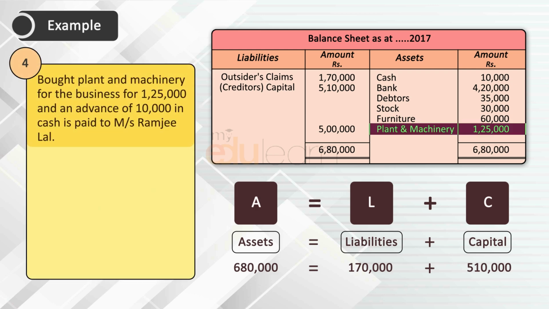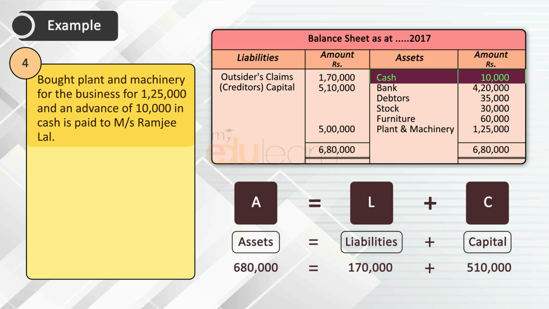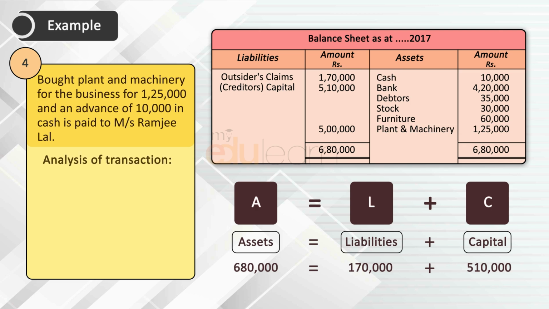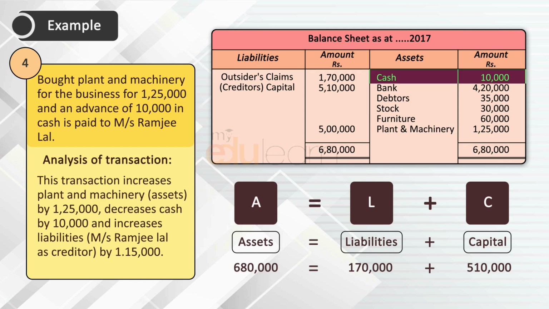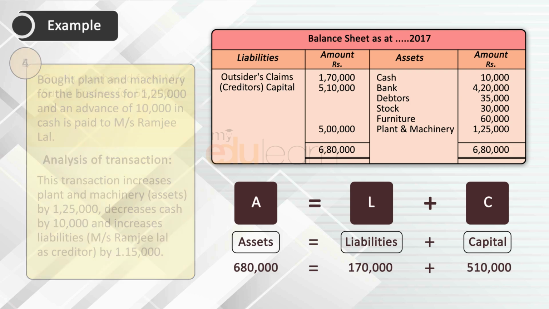4. Bought plant and machinery for the business for 1,25,000 and an advance of 10,000 in cash is paid to Mr. Ramji Lal. Analysis of transaction: this transaction increases plant and machinery assets by 1,25,000, decreases cash by 10,000 and increases liabilities, Mr. Ramji Lal as creditor, by 1,15,000. 5.